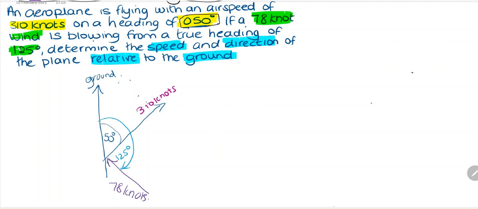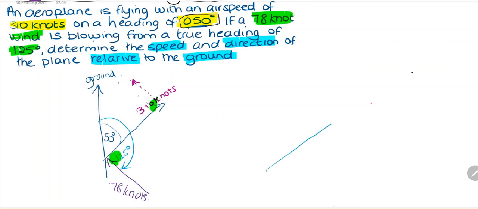So we need to find this angle here. So this is going to be the difference between 125 and 50, which is 75. And knowing that we have alternate angles, we can also draw our angle here, and this is going to be 75. So I'm just going to redo my diagram.